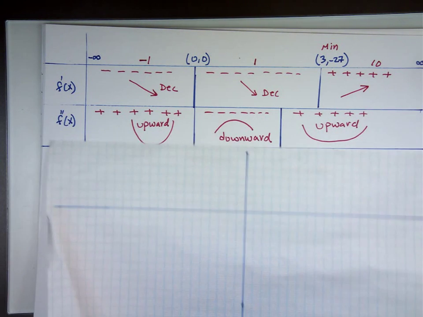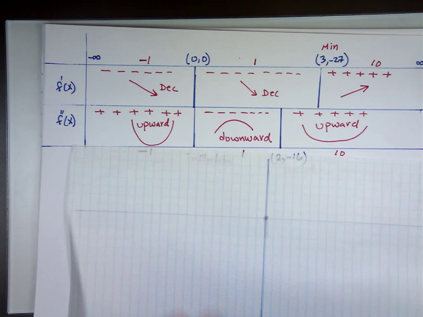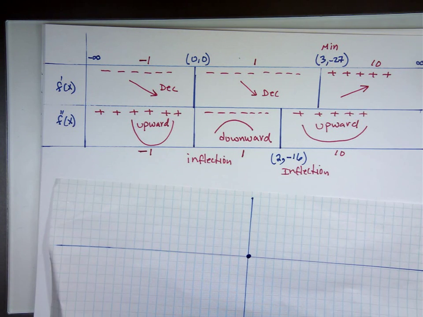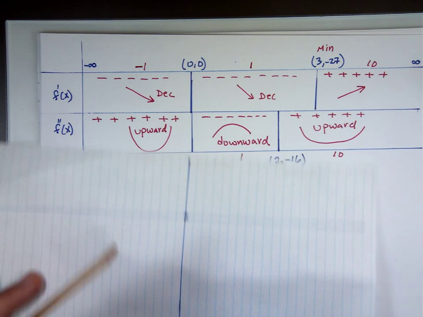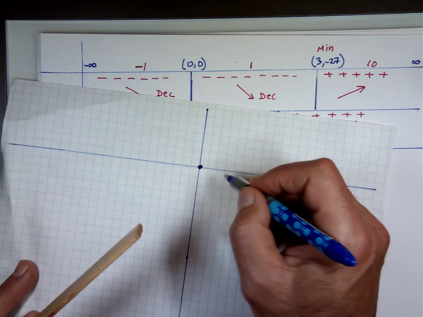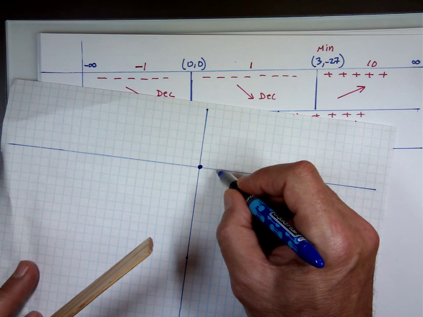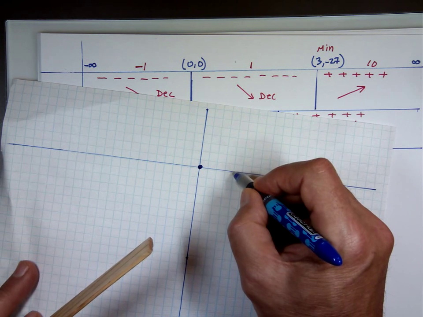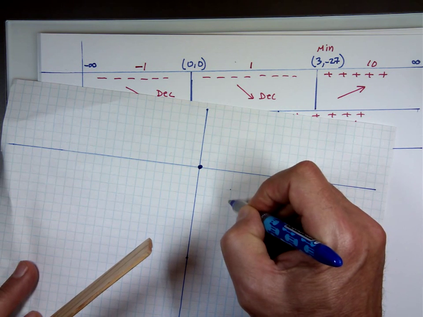That's this point. But the next point is what? 2 and negative 16. In the x direction, I'm going to go by 2. In the y, I'll go 2, 4, 6, 8, 12, 14, 16.